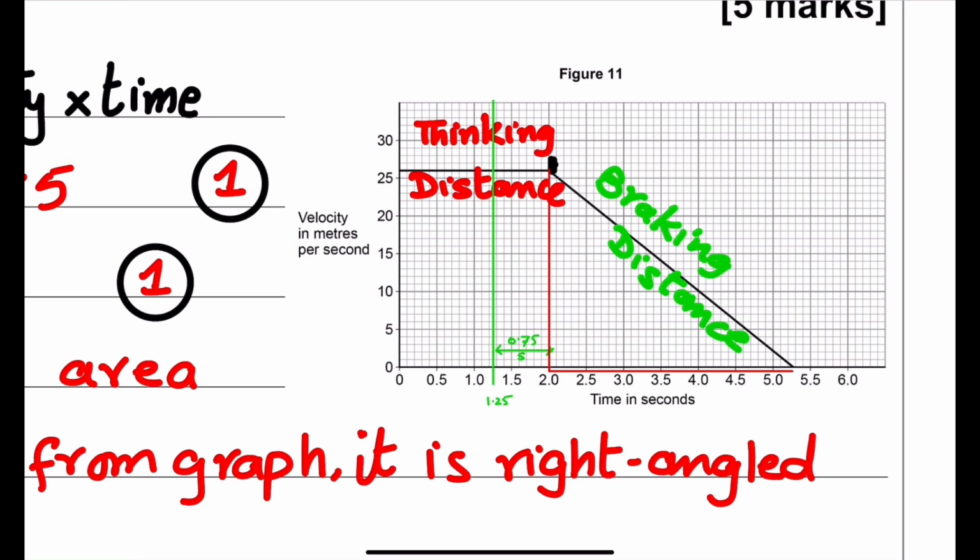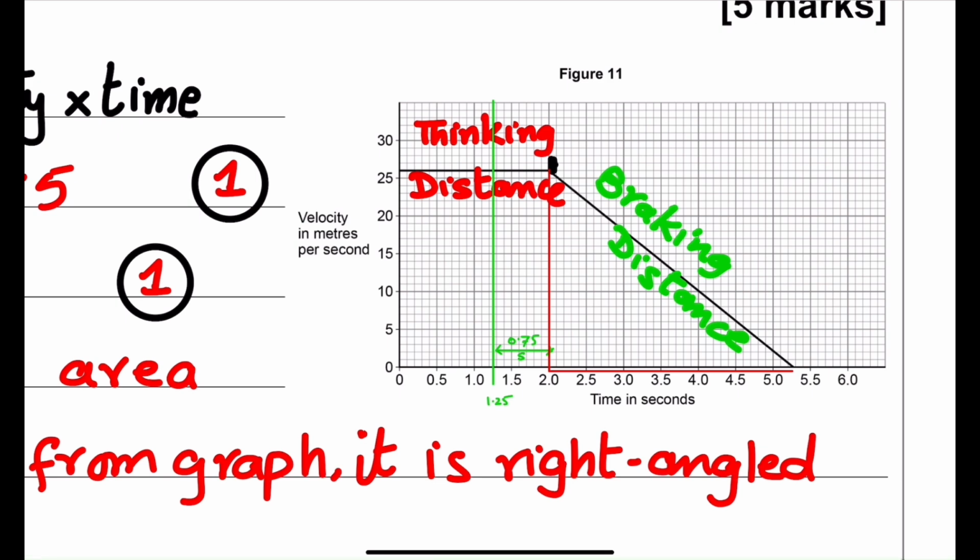The reaction time is the time before applying the brake, and that is given as 0.75 seconds. So the driver applies the brake at 2 seconds. Before that, the driver is observing the hazard and aiming to stop by applying the brake. The distance traveled in that 0.75 seconds is the thinking distance, whereas the distance traveled after applying the brake is called the braking distance.